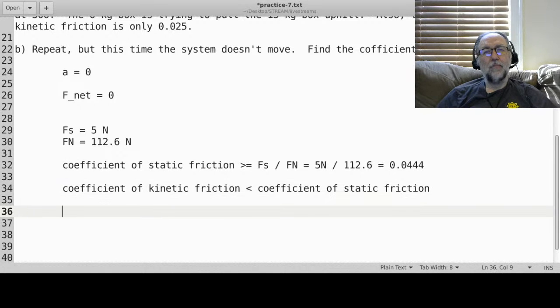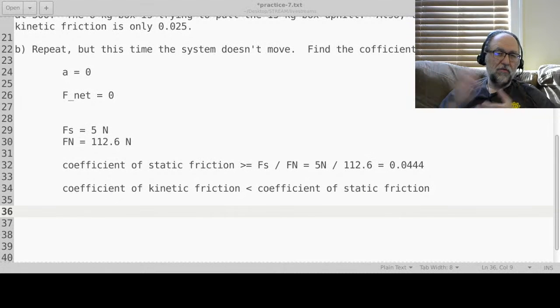Why is that? From a physics point of view, things will sort of be stuck in place until they get a little push, and then they start to move. And not only do they start to move, they'll actually accelerate a little bit. So there's an initial impetus to get over the hump, which is why static friction is just a little bit bigger than kinetic friction.